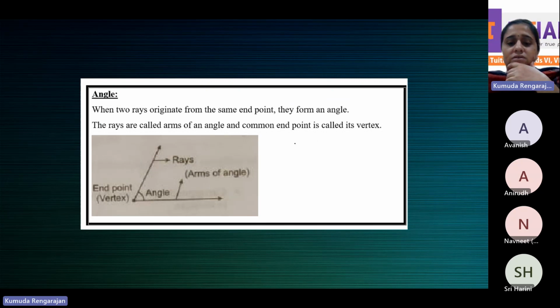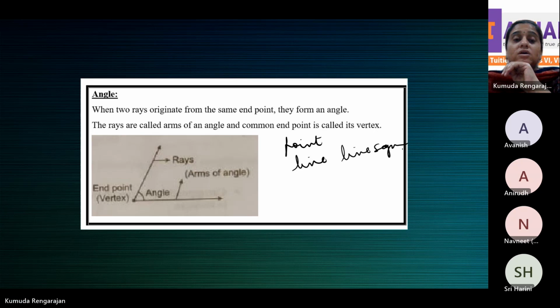So far we have seen point which has no dimensions, line and line segment, which is one-dimensional. It has length, but no breadth or thickness. Point is always represented using a capital letter. Then after point, line, and line segment, we saw ray.